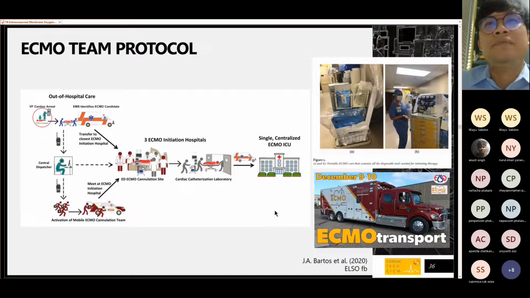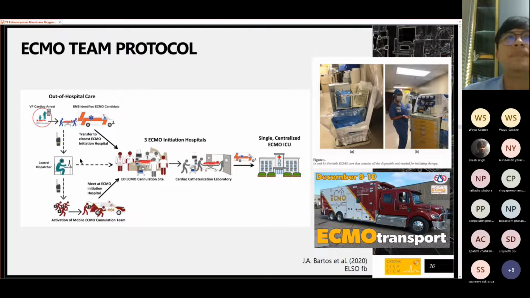From this diagram that I took from the Minnesota ECMO team, you can see they have the ECMO mobile, like here, a big truck with the ECMO team. It might be a small ICU inside here. We don't know, but they just launched it, I think, next month.